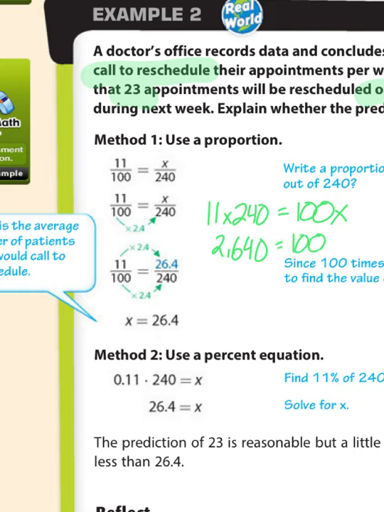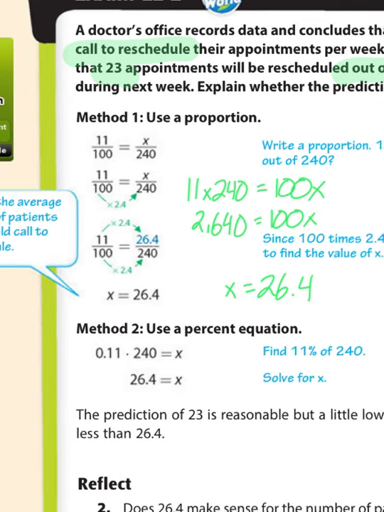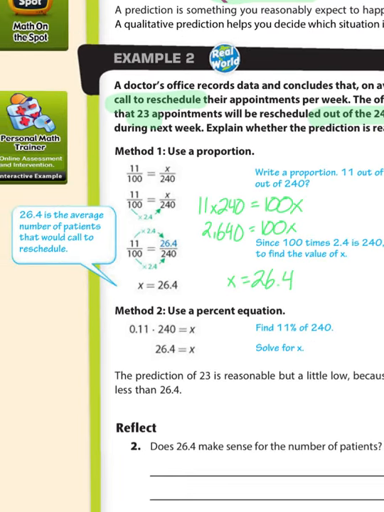So that equals 100x. If we divide both sides by 100, we get x equals 26.4.